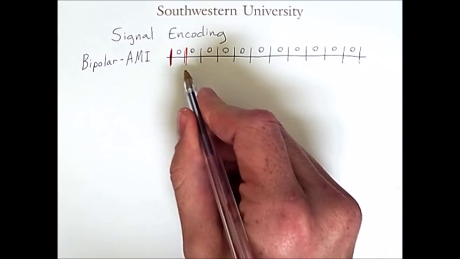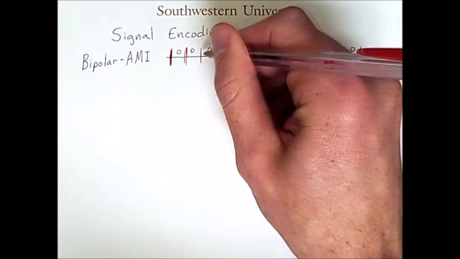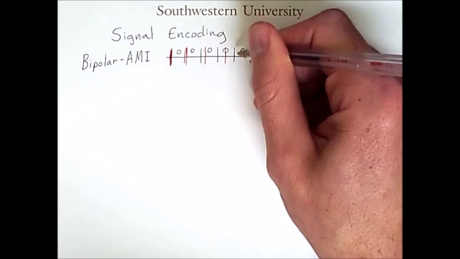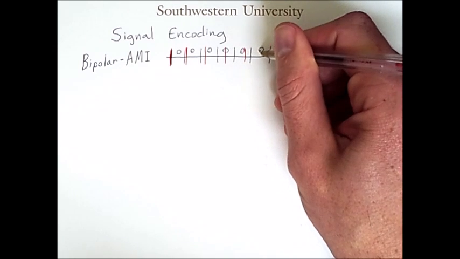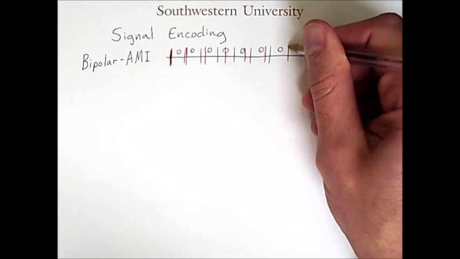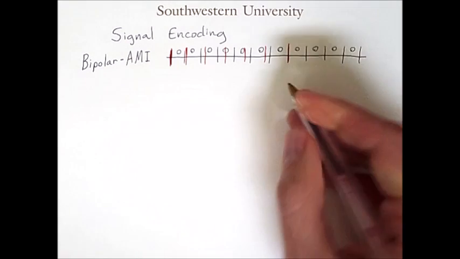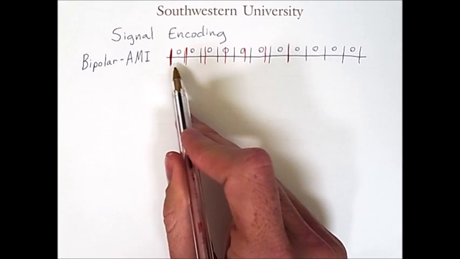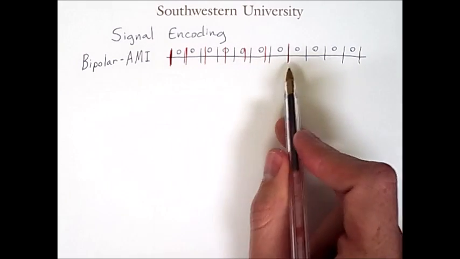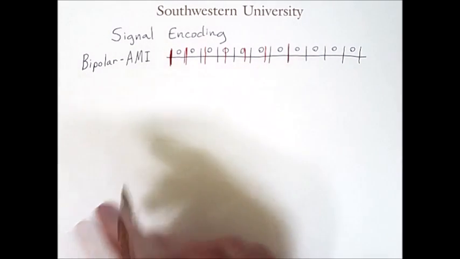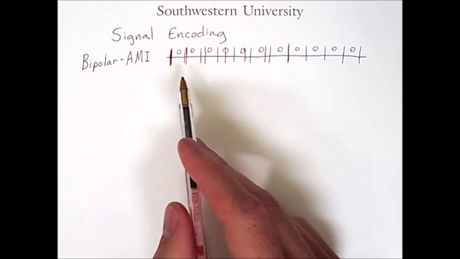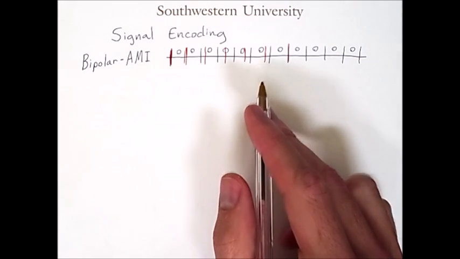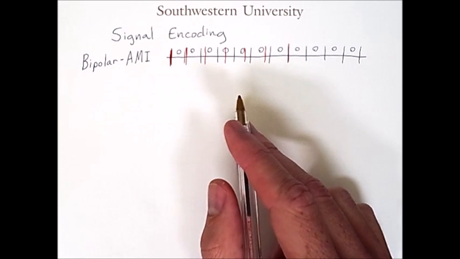But if this sort of error keeps happening repeatedly, then we'll keep drifting farther and farther away from where the boundary should be, to the point that we've now lost one of the zeros that was sent. The number of elements that the receiver will count in this interval is one less than what the sender actually sent. So the clocks are getting out of sync, and that is causing data to be lost.